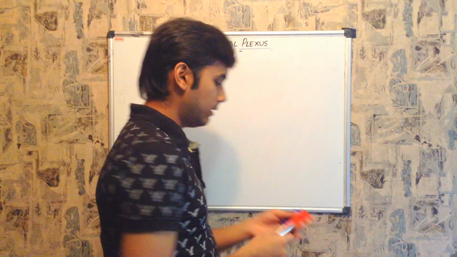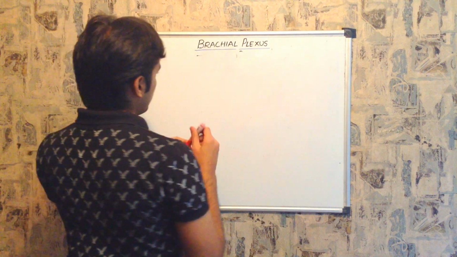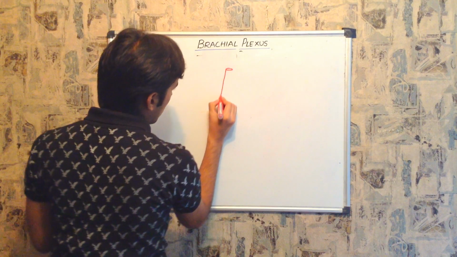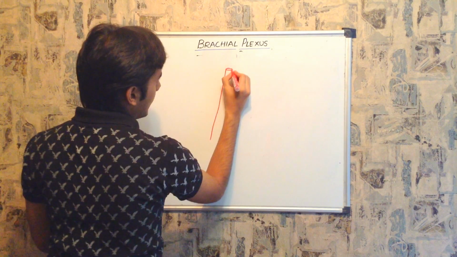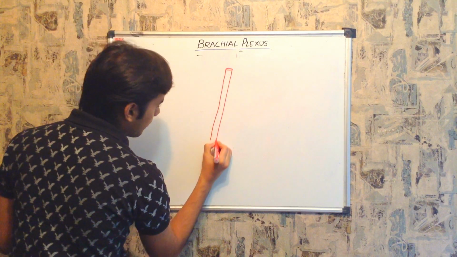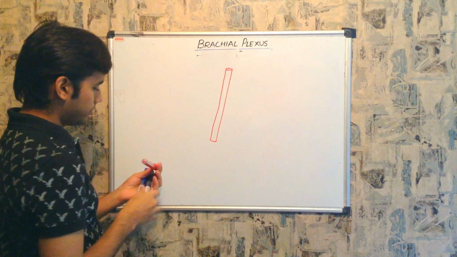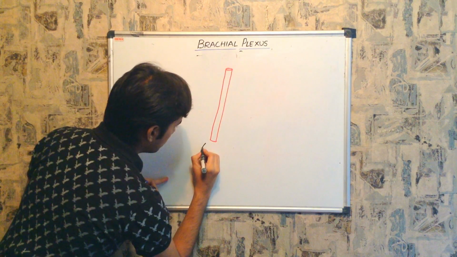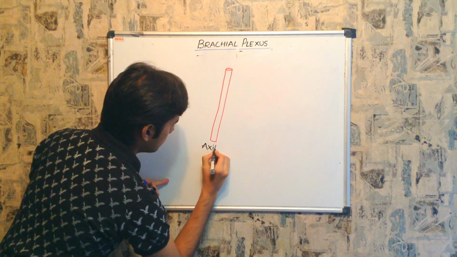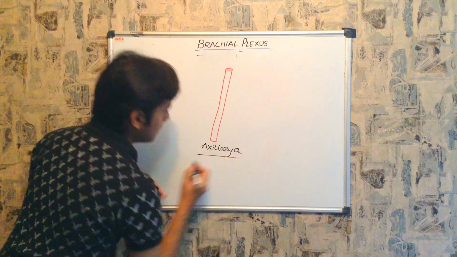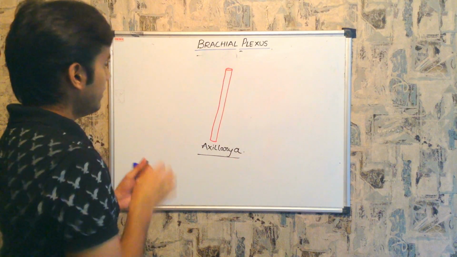The artery which passes in this manner here is called the axillary artery, which passes in the axilla.